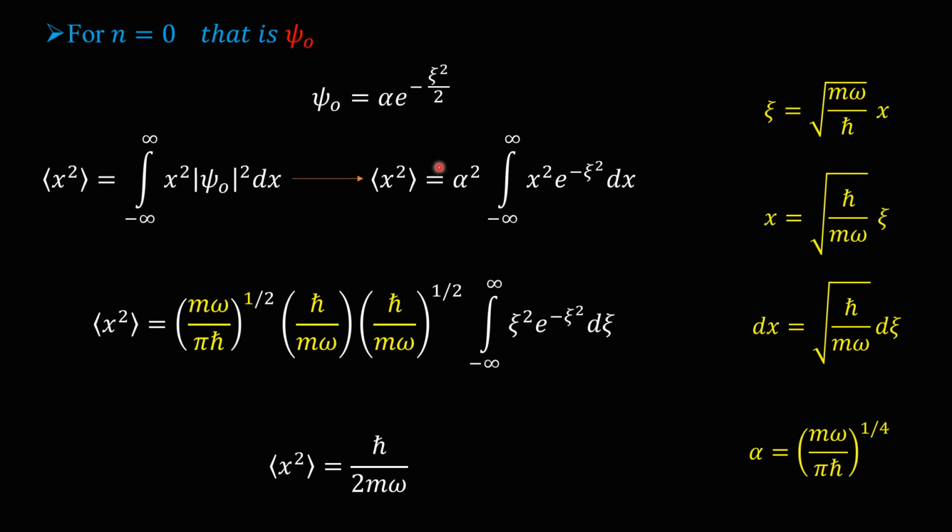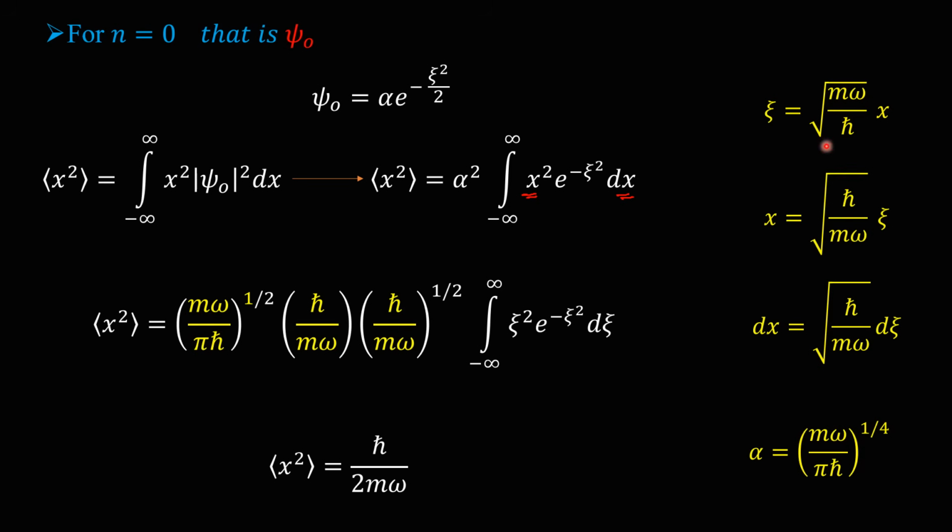Here you have to replace x squared and dx, because we have to bring everything in terms of z. As given in the problem, z is equal to the square root of m omega over h cross times x.